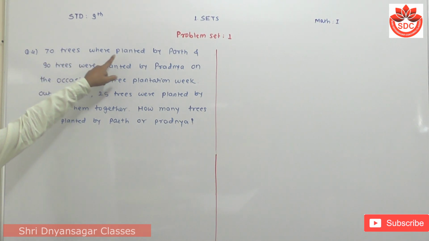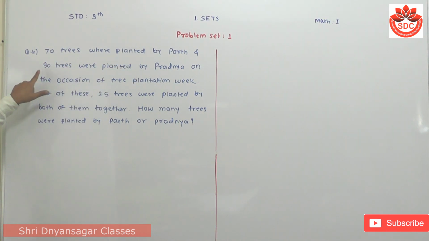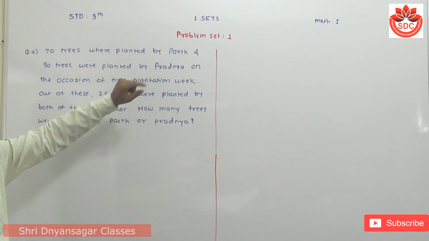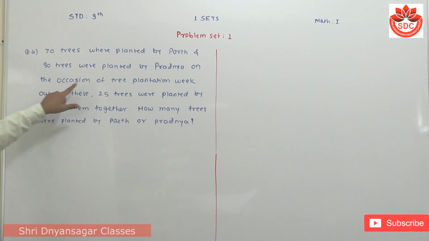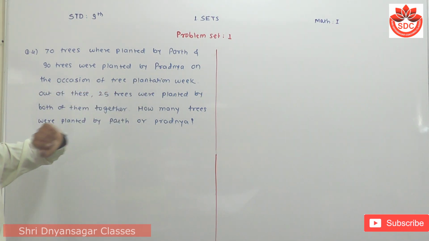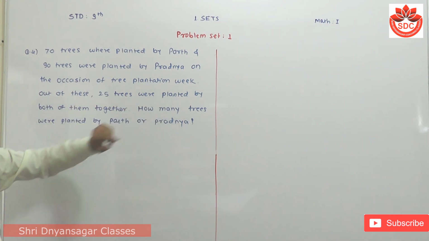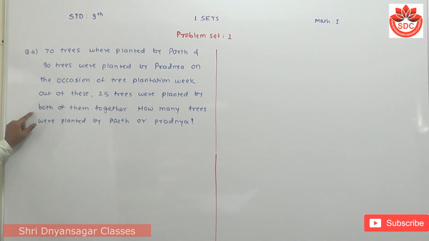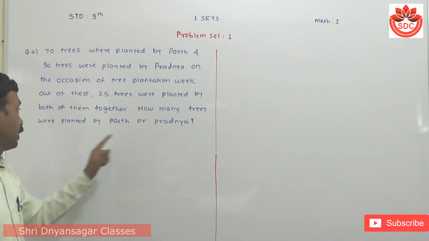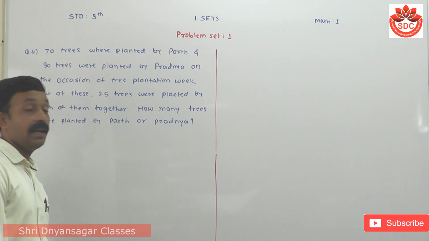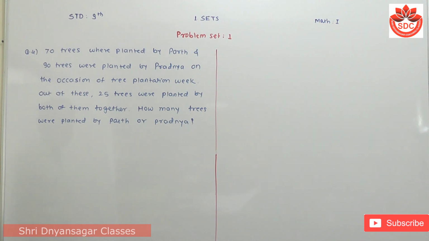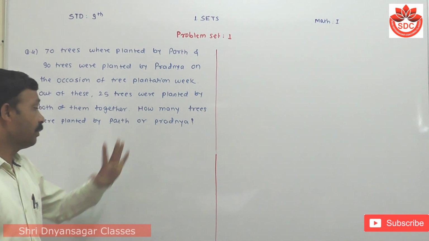70 trees were planted by Parth and 90 trees were planted by Pratnya on the occasion of tree plantation week. Out of these, 25 trees were planted by both of them together. How many trees were planted by Parth and Pratnya? For this, student, we take two sets of the plantation for Parth and Pratnya.